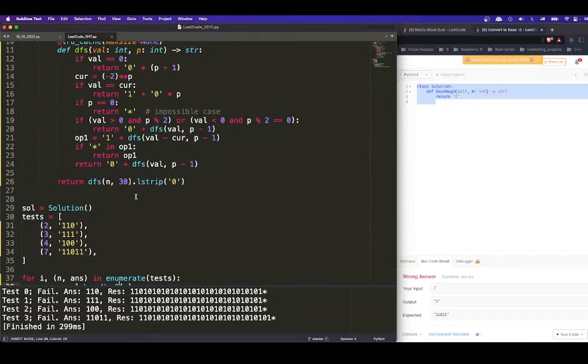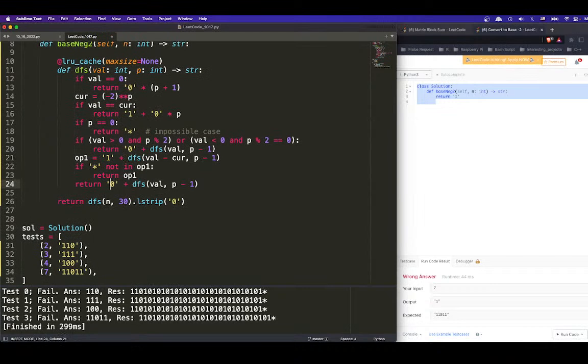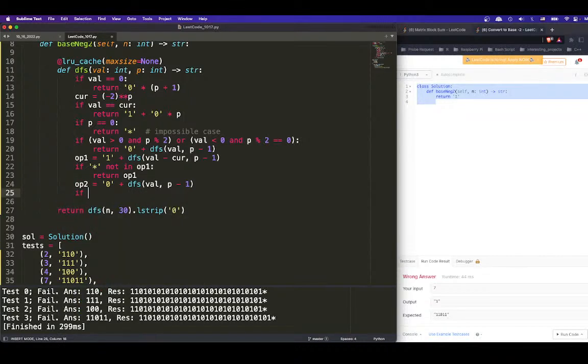That is not happening. Oh, it's in. If it's not in, maybe we'll go OP2 if, yeah, I'm gonna return.